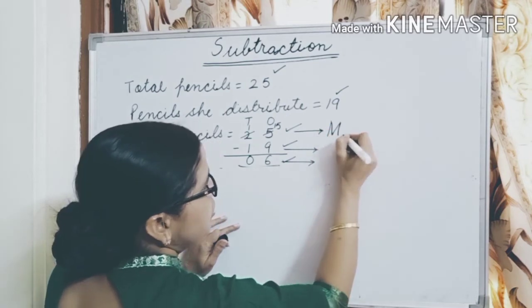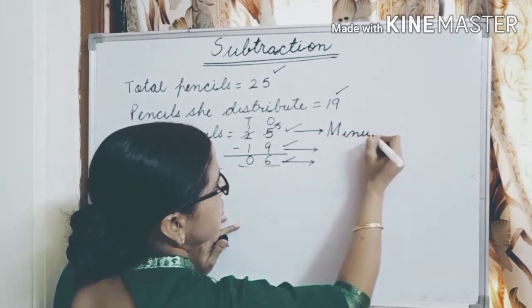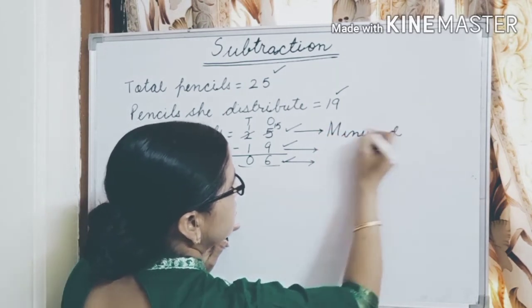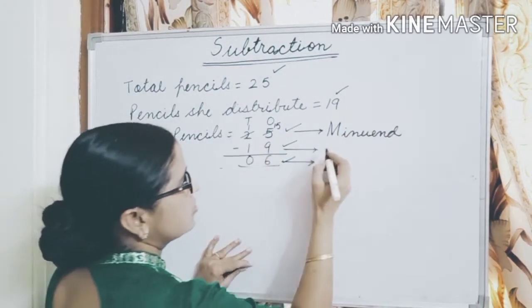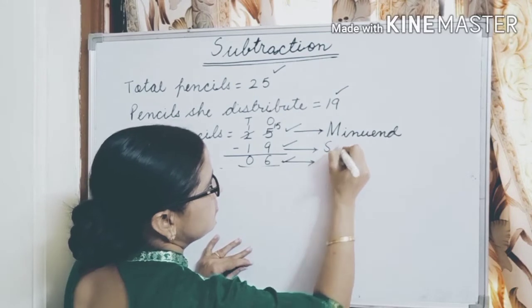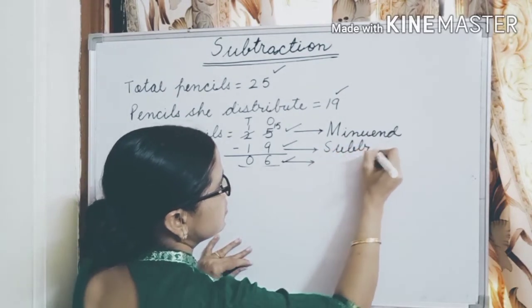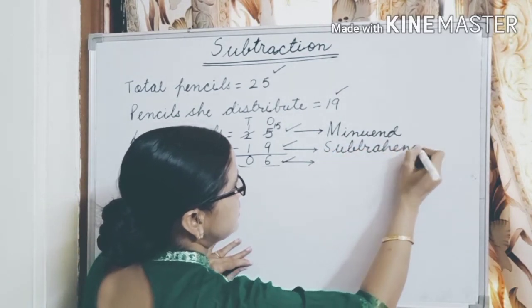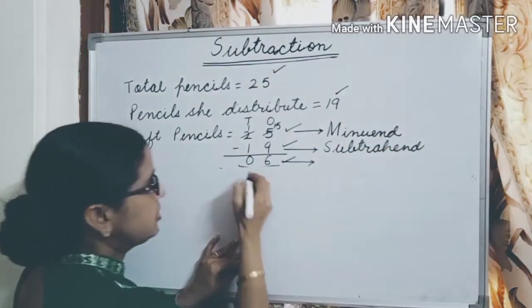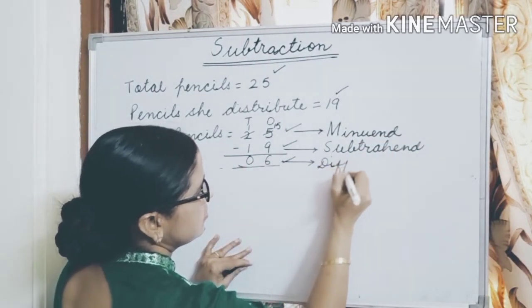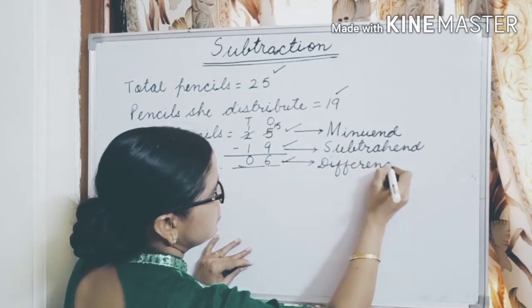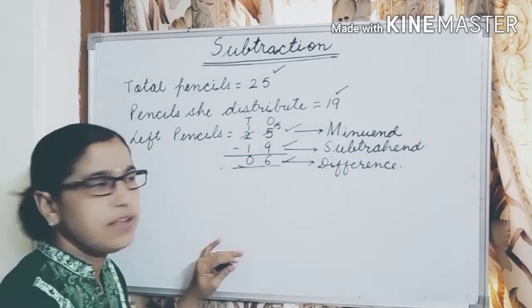This 25 is called the minuend. This 19 is called the subtrahend. And this 6 is called the difference.